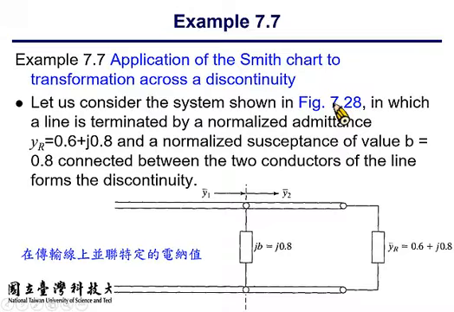So that is Y_R. Okay. What next? Alright, so here's the termination.